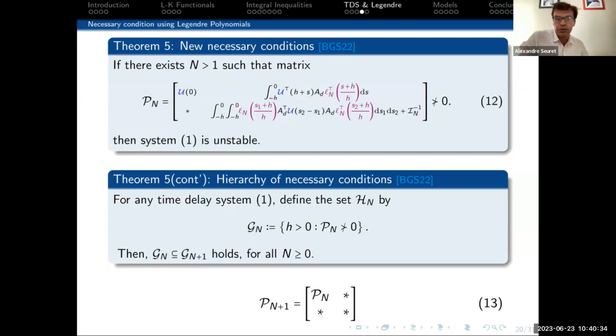This is due to the fact that when you consider the matrix at order n plus 1, you have the same matrix Pn that appears here, and some additional terms that you don't care about. And so if you know that the matrix Pn is not positive definite, then the matrix Pn plus 1 will definitely not be positive definite as well.